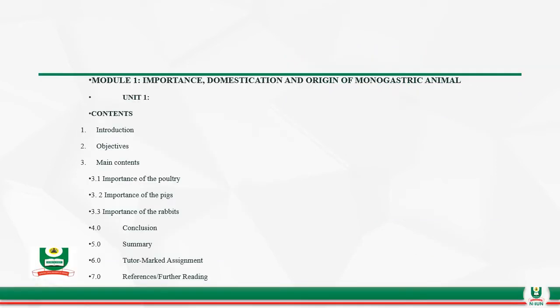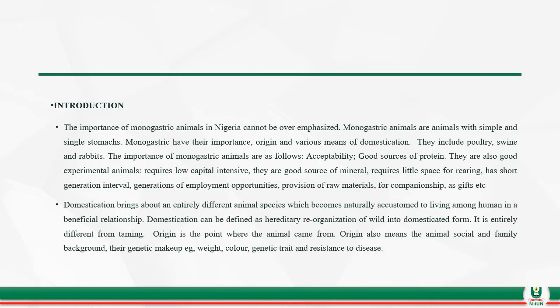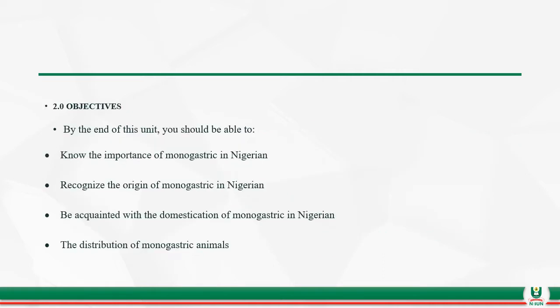Module 1 deals with the importance, domestication, and origin of monogastric animals. We have an introduction which shows the importance of these animals in the various countries where they appear.